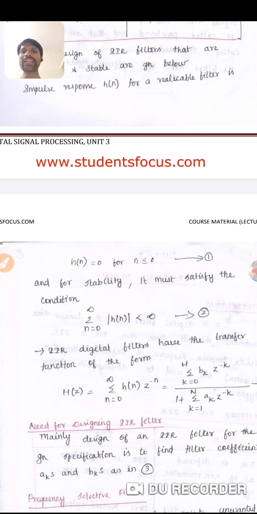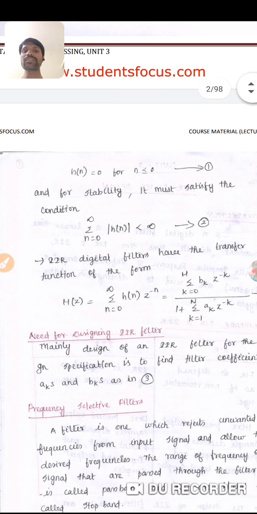That is, for negative values the impulse response should be 0. It should also satisfy the condition of stability. When a system is said to be stable, the impulse response must be finite. That is, summation n equal to 0 to infinity of mod h of n should be less than infinity.